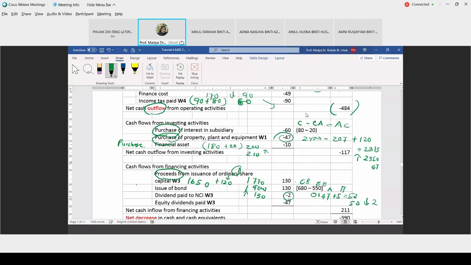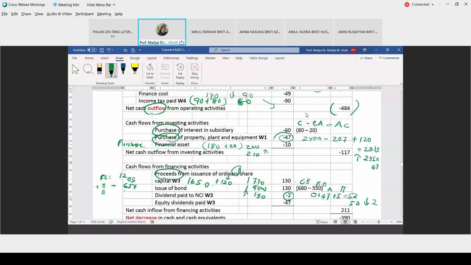Now look at the equity dividends for parents. For the dividend for parents here, we look at the retained earnings. The retained earnings beginning balance is 1205. Then we're going to minus because we basically have a loss, so minus the loss attributable to the parent here, which is 654.